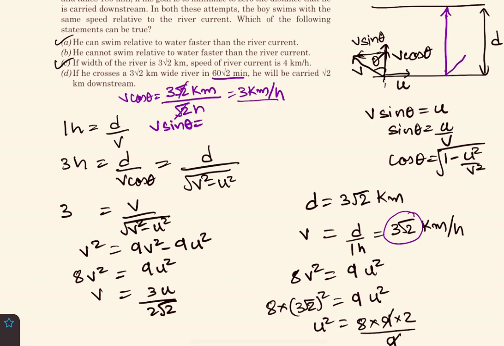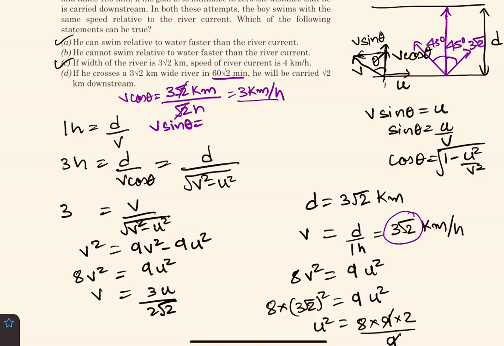So there are two situations here. One situation, it can be like this. This will be making 45 degrees this way, and the speed is 3 root 2 kilometer per hour. Now its component along this direction is 3. So the time taken to cross the river, if its width is 3 root 2 kilometer, will be 3 root 2 kilometer divided by 3, which gives you root 2. And there is another possibility also, that it can make 45 degrees on the other side, like this.